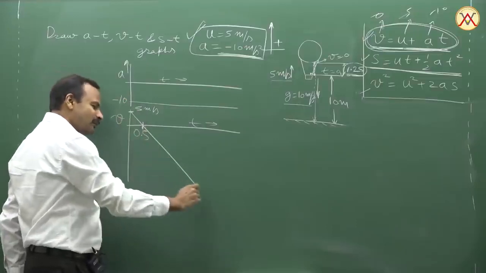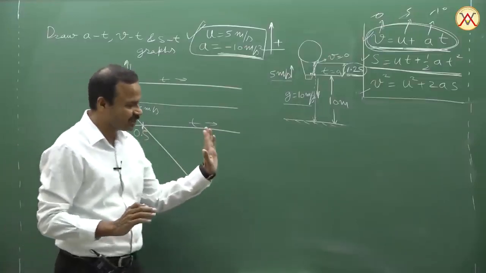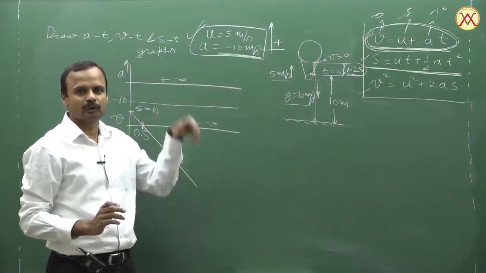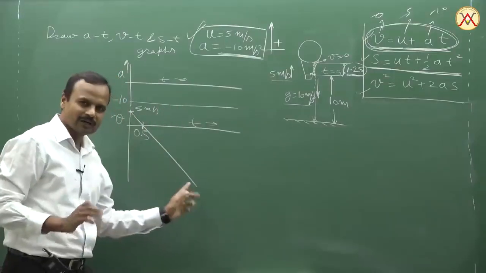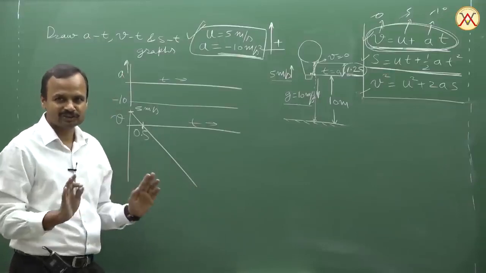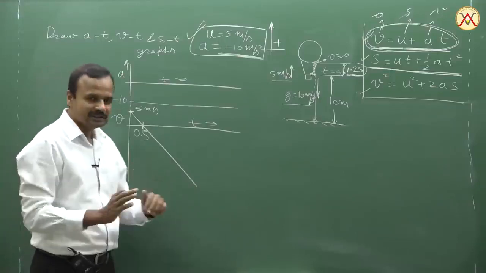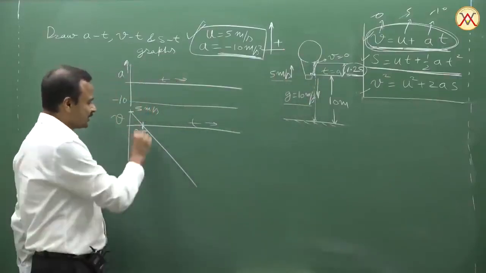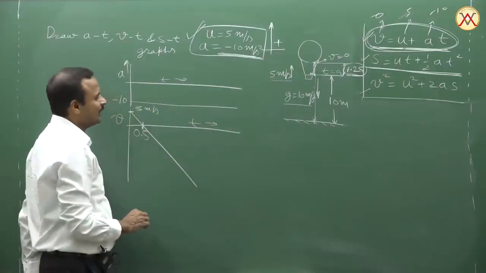The graph will remain the same. See, even if the direction of motion has changed from upward to downward, it is the same graph. It is one motion. Acceleration has not changed. So we don't have to consider the upward journey and downward journey separately at all. It's the same graph that is continuing here.